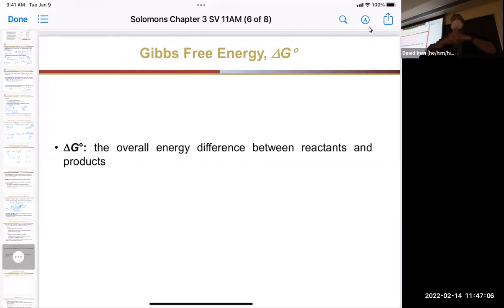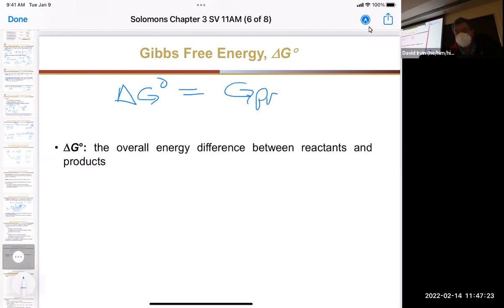If we were to write an equation, it would be simple: the change in Gibbs free energy is equal to the energy of the products minus the energy of the reactants. So that's the difference.